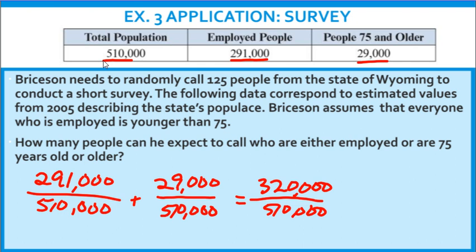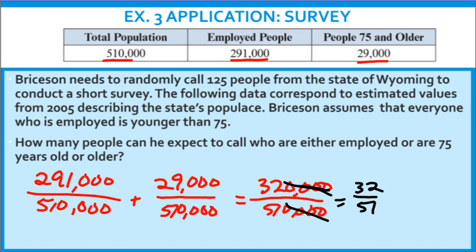And from that point, I can simplify that. We can divide 1,000 on both of them. So now we're at 32 over 51. So that would be our probability.